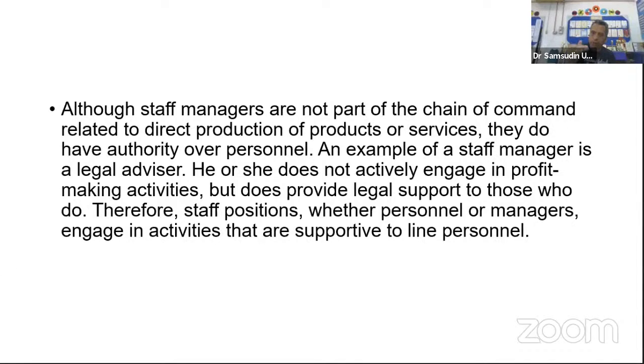EO is executive officer and CC is chief clerk. Then under the chief clerk we also have a general clerk. So this is the structure for staff.